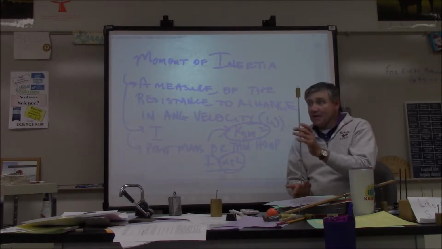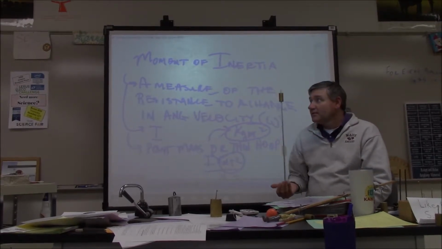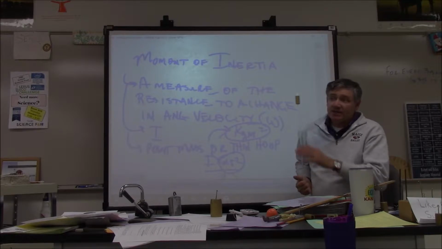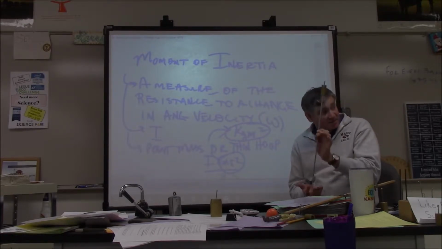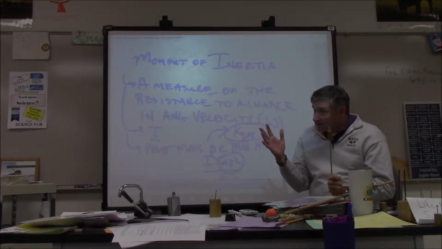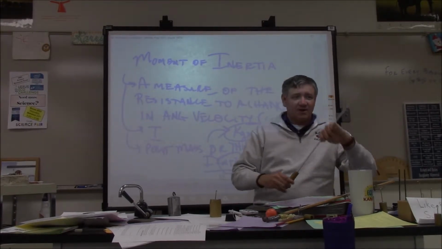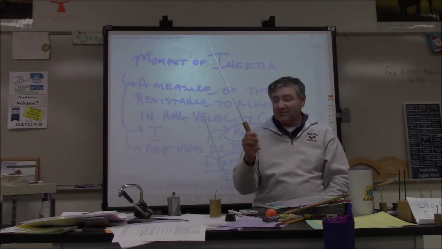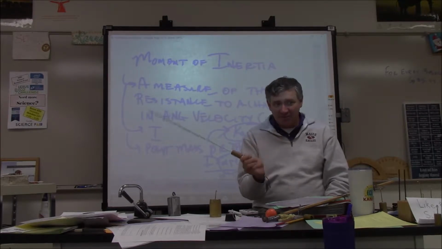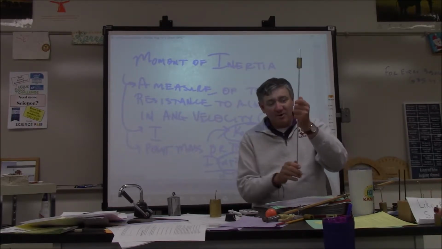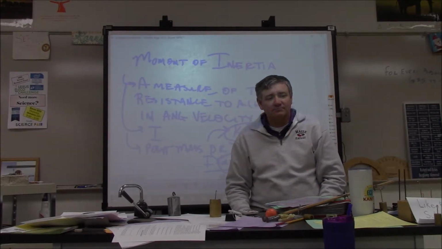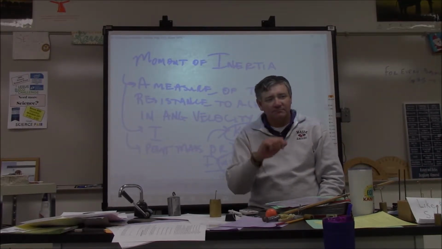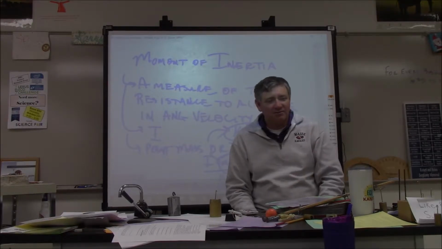By having that weight out there at the end, it becomes very difficult to make it speed up or slow down. Because it's at rest, it's going to want to stay at rest. Now, redo this. It's simple. All you have to do is hold it like this and go back and forth. Then flip it over and do the same thing.